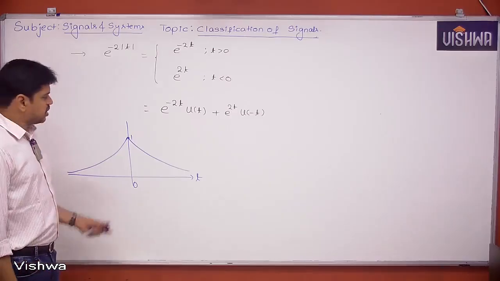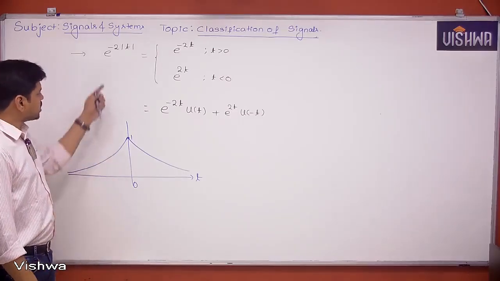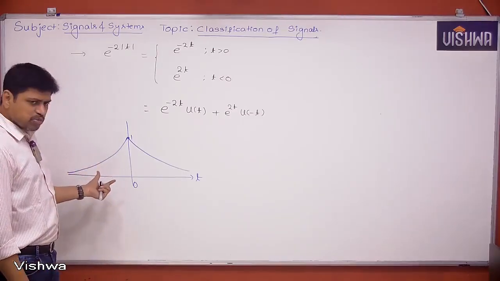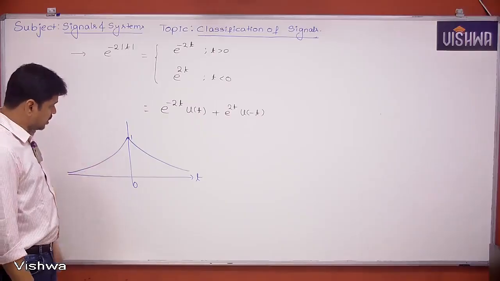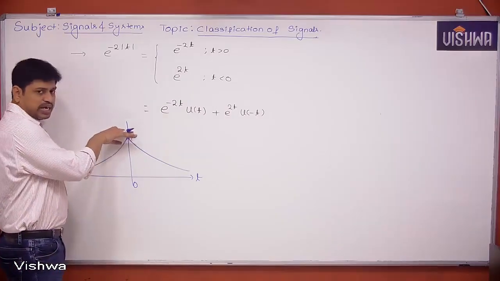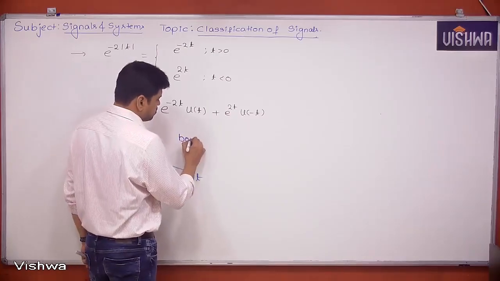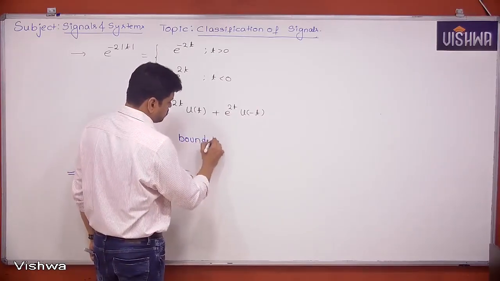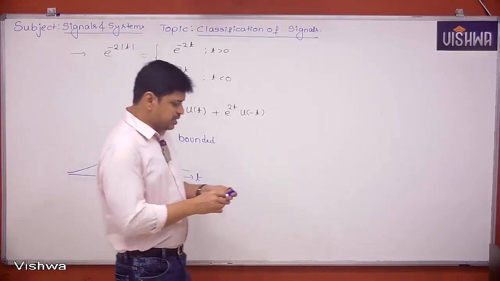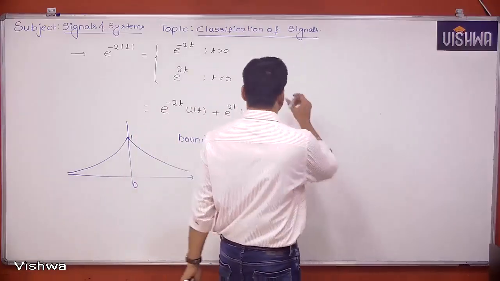That's what the signal looks like. So if you observe carefully, is it a bounded signal or unbounded signal? Definitely it is a bounded signal because the maximum value is 1 and everything is below that. So it is a bounded signal.